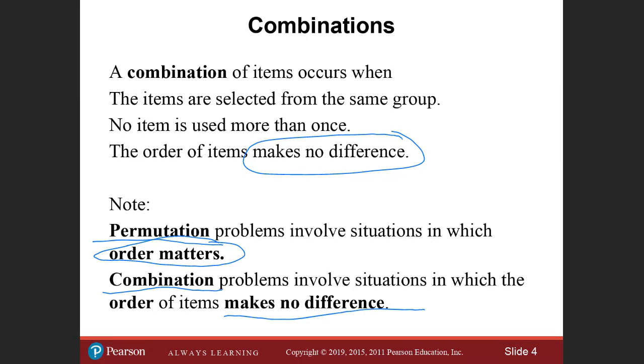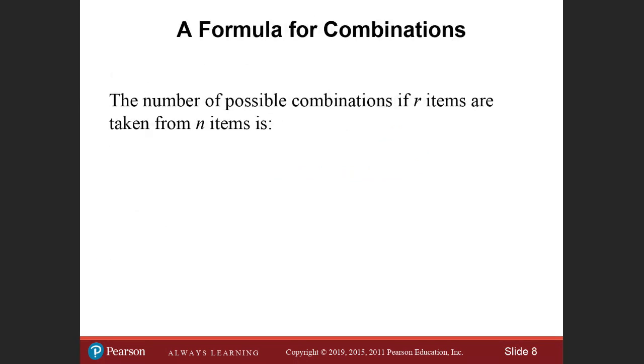So here's the formula. It's a little bit the same as permutation, only we use C to represent combination, and we have n factorial divided by n minus r factorial.